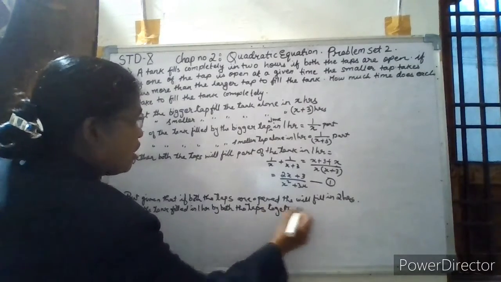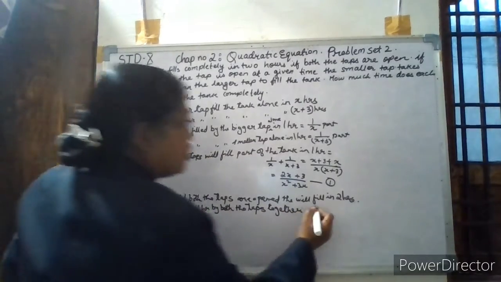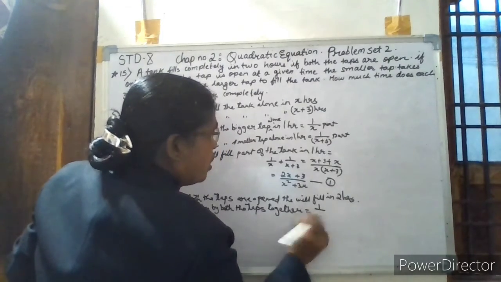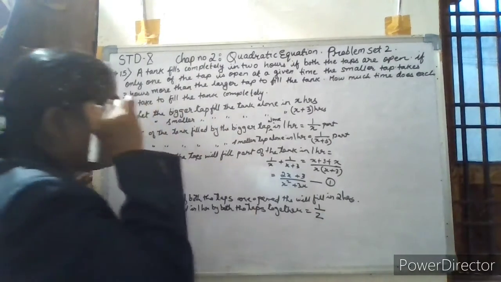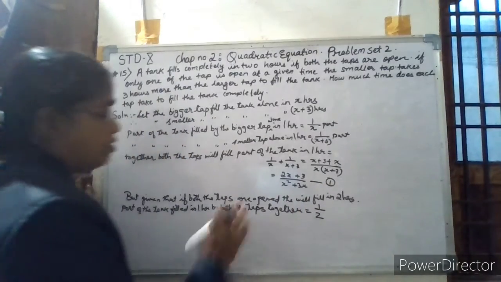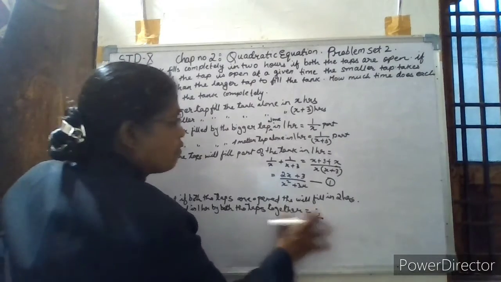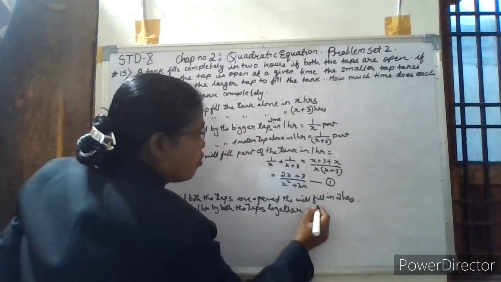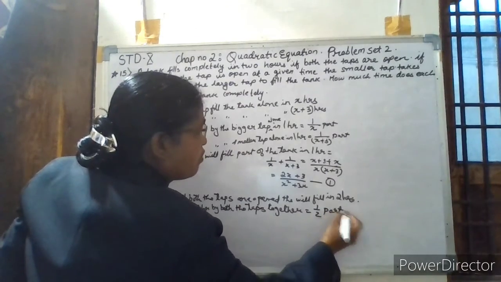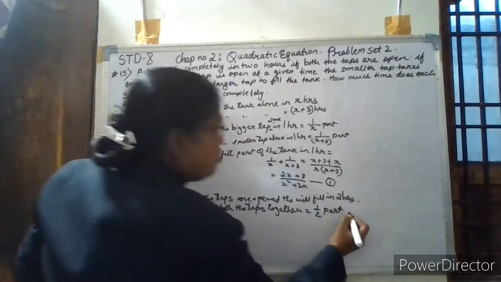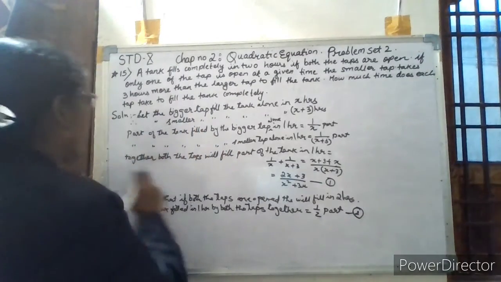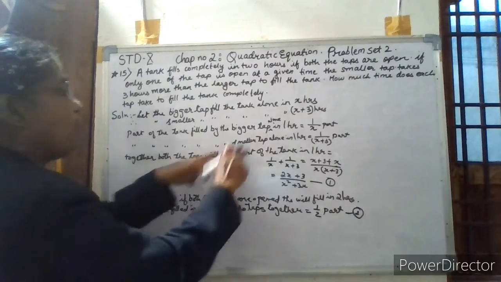That is equal to 1 by 2 in 1 hour. See, in 2 hours the full tank is filled, so in 1 hour half the tank will fill. That is 1 by 2 part. Now take this as equation 2. So equations 1 and 2, together both the taps will fill in 1 hour.